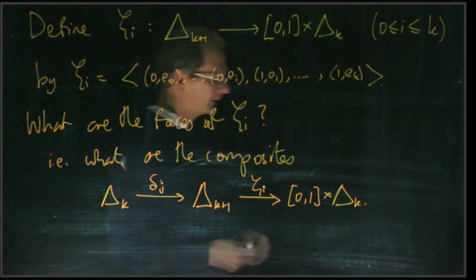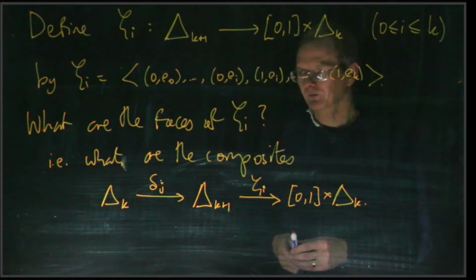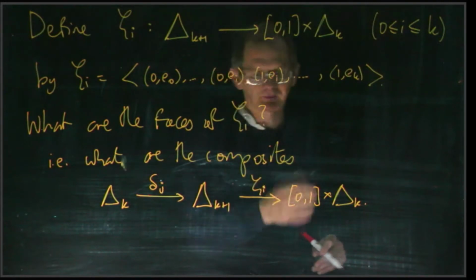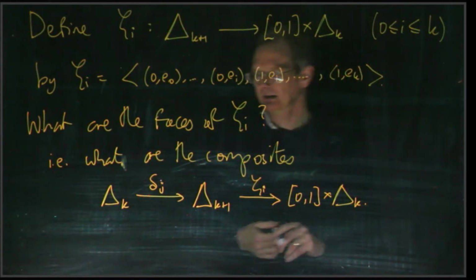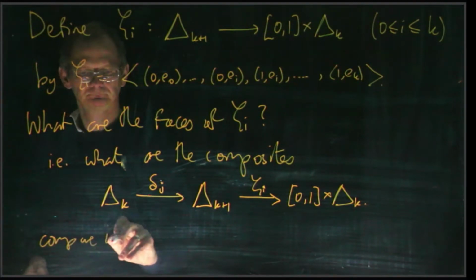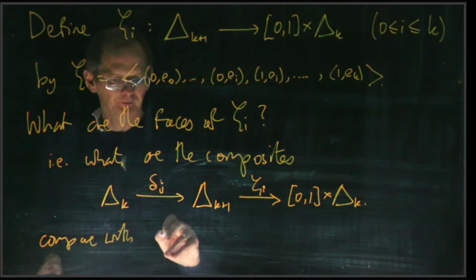Okay, so what could it be? These are maps from delta k into 0, 1 cross delta k. So we want to compare with what I'll call top.